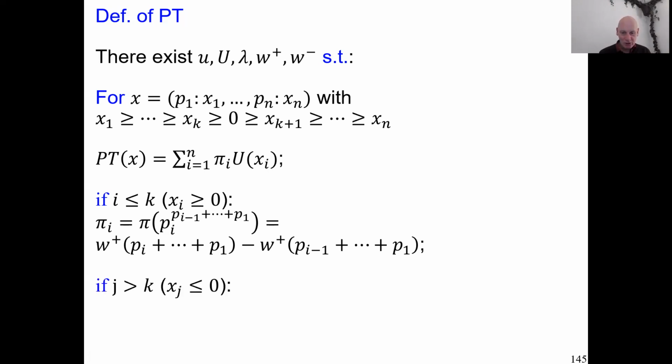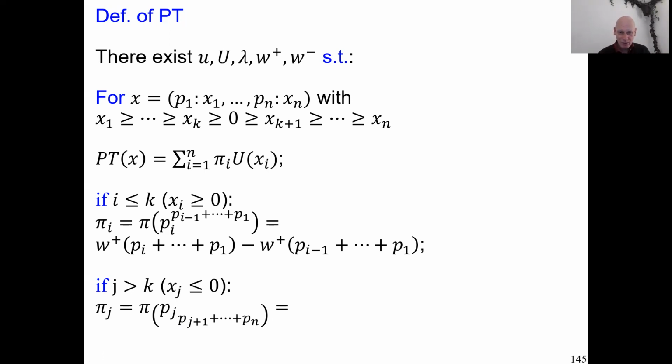For losses, we will proceed a bit differently. So now we turn to losses, j bigger than k. And then I write here the decision weight. And now you see, here I write the outcome probability, but here I'm writing the loss rank, the probability of getting an outcome ranked worse. So maybe you remember the previous meeting, there was this critic of rank-dependent utility. It said you better work with loss ranks than gain ranks, I use those terms interchangeably.